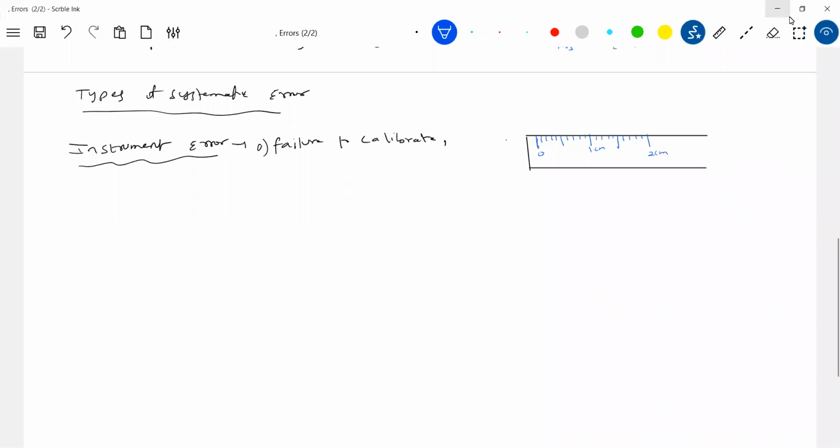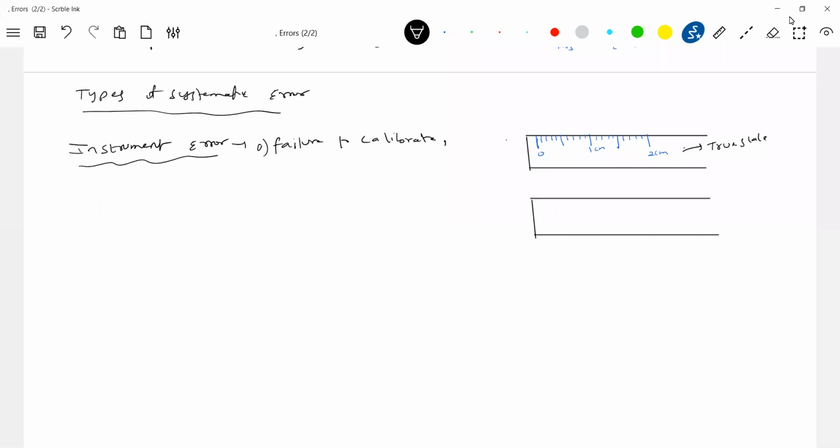Instead of marking, you count 1, 2, 3, 4, 5, 6, 7, 8, 9, 10. In 1 centimeter, 10 divisions are there. Instead, I'll make it 8 divisions. Then you have error. There's a true scale, meaning a scale without error. Now I'll manufacture a scale where errors are there.